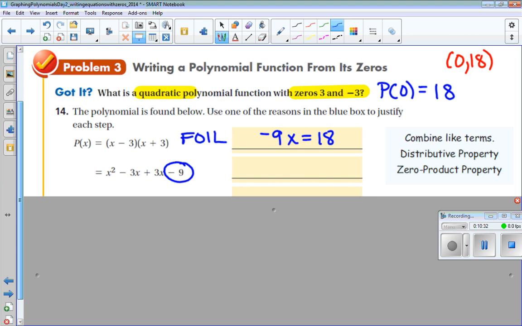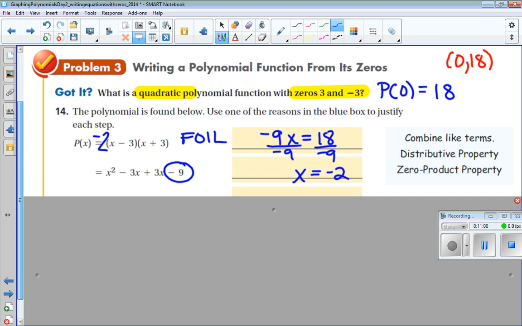What if I said 5 would be 5? I don't know, whatever that number is. So your constant term times some number is equal to 18. And then I would just solve it. Divide by -9, and that's how I got -2. Okay, so I know that that would have to be my number. -2 has to go in front in order to satisfy that condition.